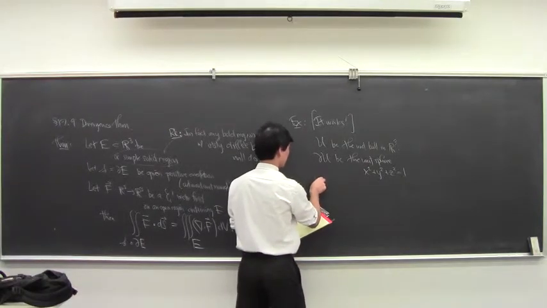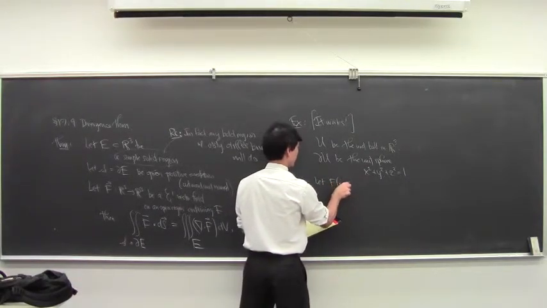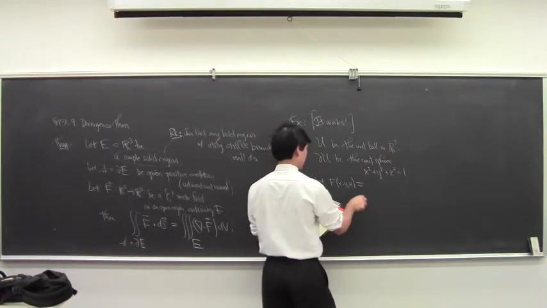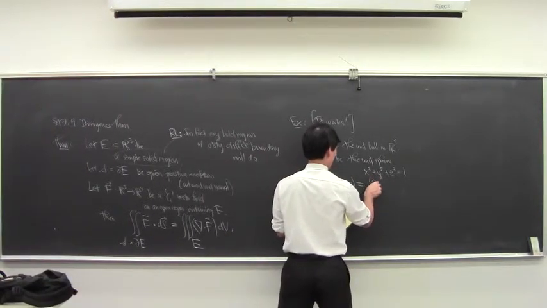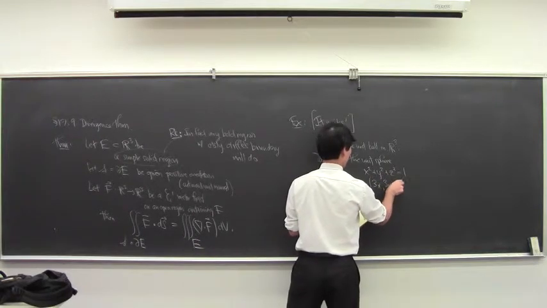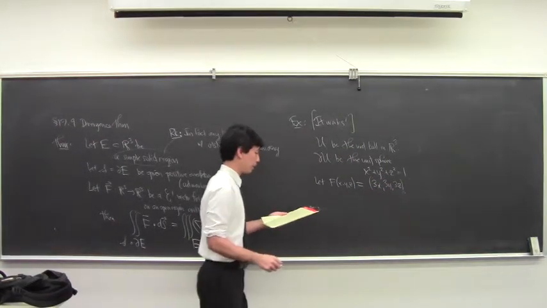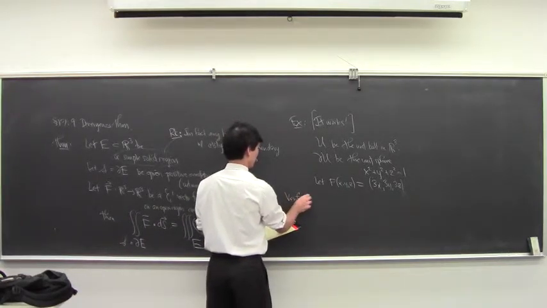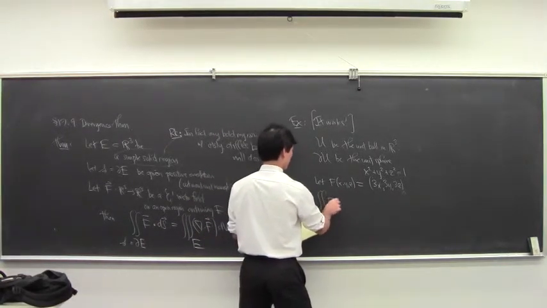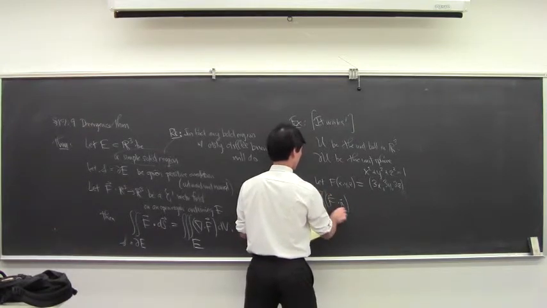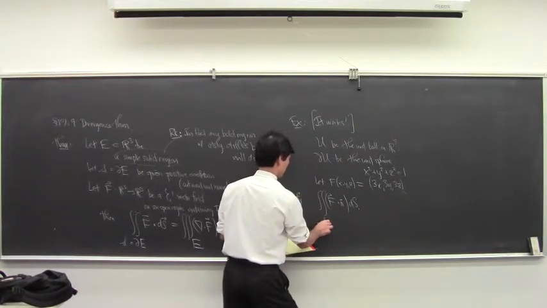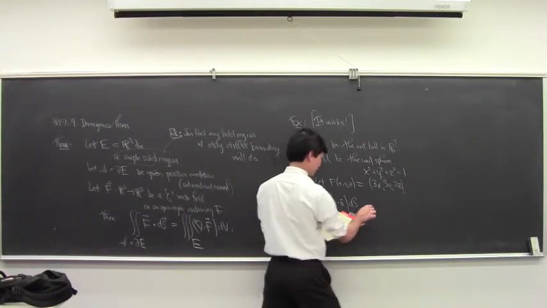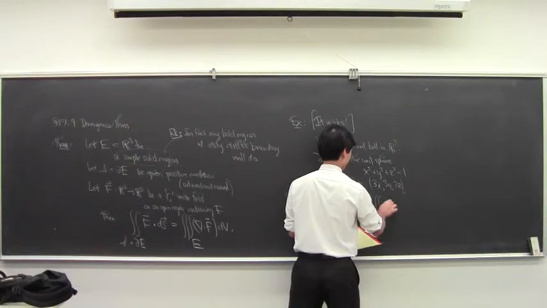And let F of x, y, z be 3x, 3y, 3z. Okay, and so let's just verify that the left-hand side equals the right-hand side.